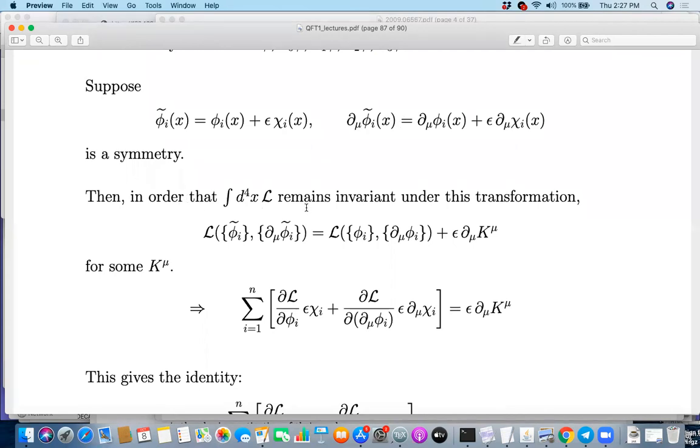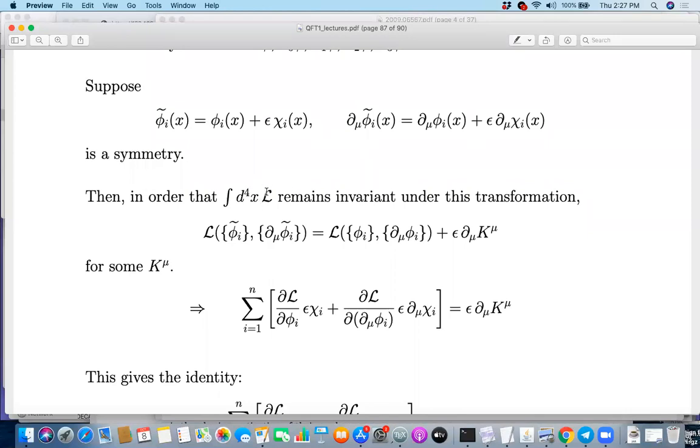So now let's look at the condition that L has to satisfy in order that this is a symmetry, because we already started by saying that this is a symmetry. Let's check if this is really a symmetry of the action or not. That means this should remain invariant. What do we mean by saying that this will remain invariant?